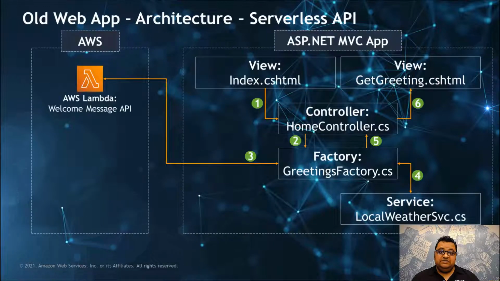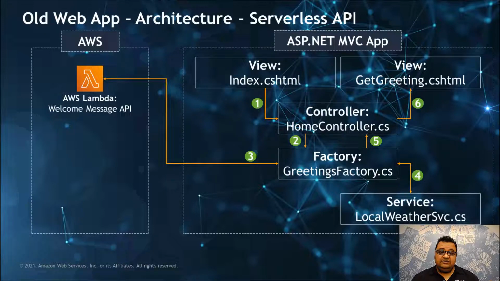The first thing we'll be doing as part of this session is refactoring the monolithic application to use microservices. And the first microservice will be used to generate the welcome message. So we'll take the logic from the welcome message service class and abstract that into an AWS Lambda function. We'll use the project templates that have been installed as part of the AWS Toolkit extension installation and use the skeleton code there, and then copy over a few classes from our initial project into the Lambda project to give some business logic to the API.